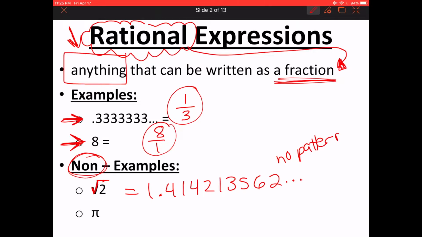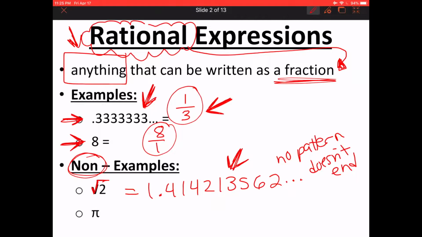Okay, so that's why this is not a rational number. There is no pattern and it doesn't end. So that's the difference. 0.3 repeating has a pattern. That's why I can write it as a fraction, 1/3. The square root of 2 has no pattern and it doesn't end. That's why I cannot write it as a fraction.